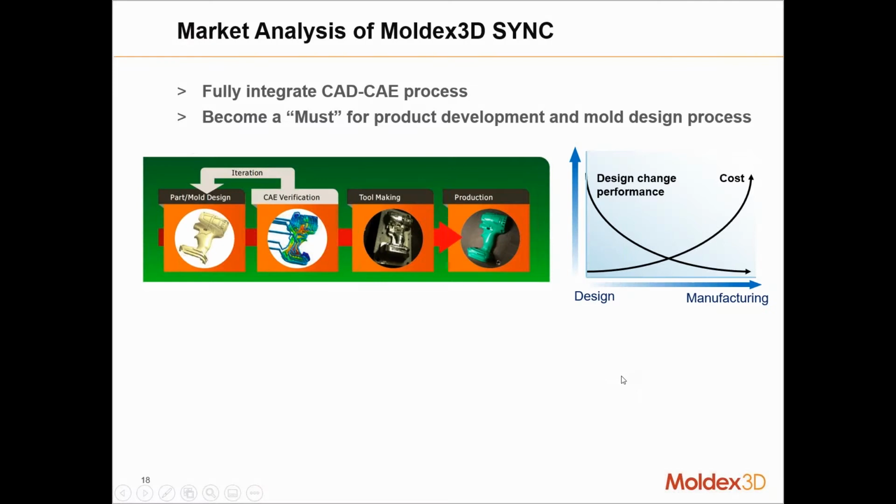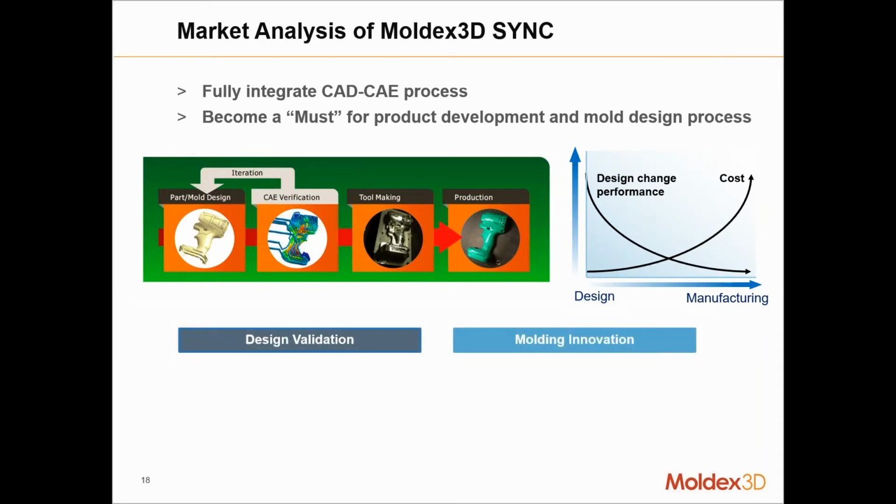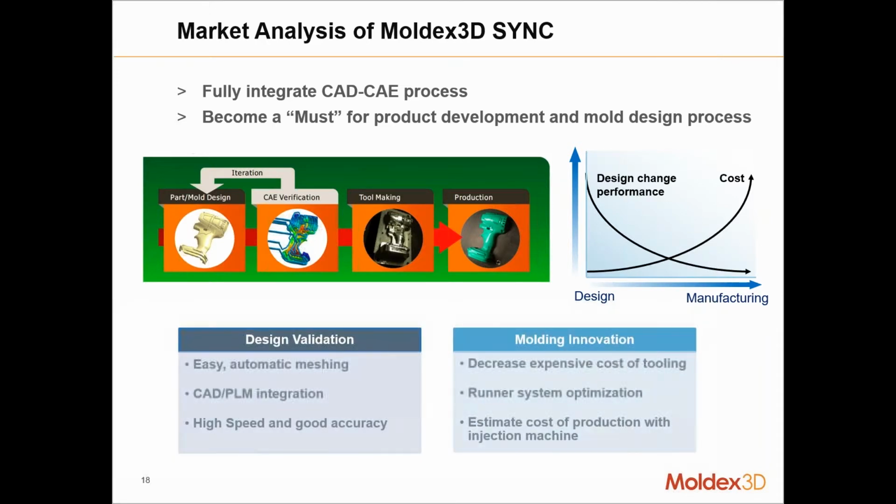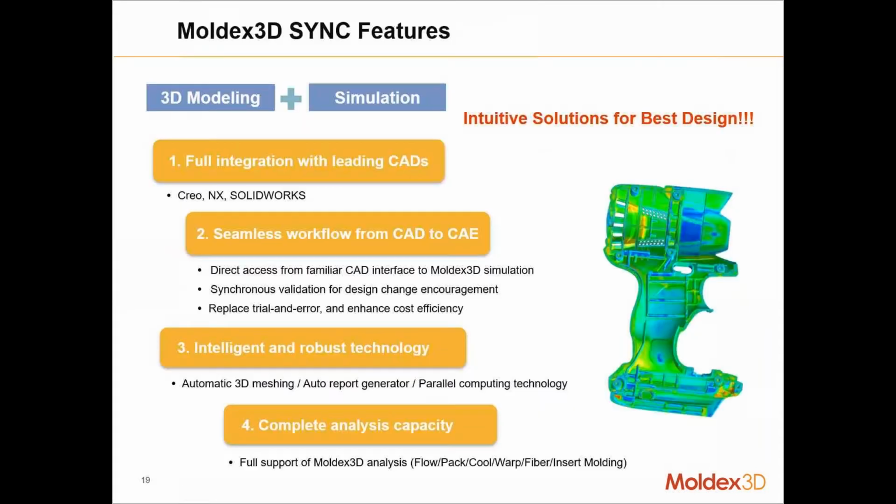So let's take a look at what Moldex is able to do in the early design phase for design for manufacturing. Right now, Moldex has a module, a product called Sync. And this Sync product is integrated into the CAD environment, which means CAD designers are able to run quick flow simulation.